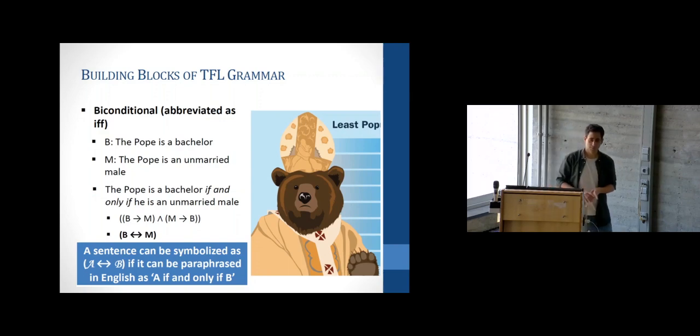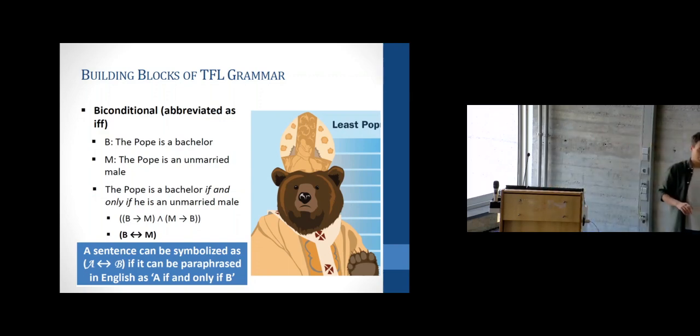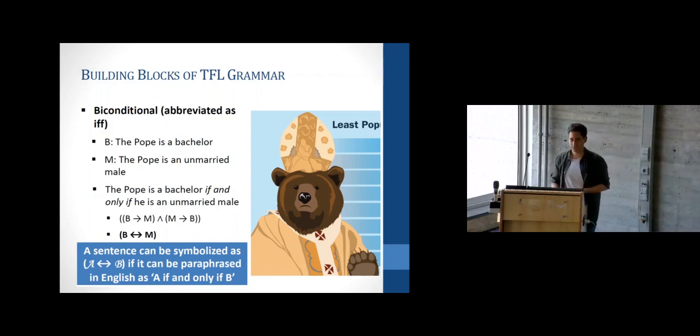Okay? Another example from your life: you will pass the course if and only if you get a high enough aggregated score, right? So if you pass the course, it means that you had a high enough aggregated score. And also, if you had a high enough aggregate score, then it means you passed. Okay.